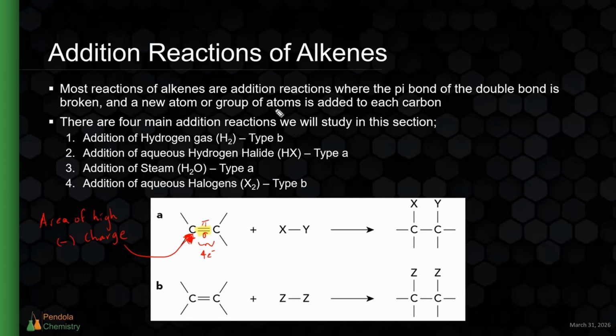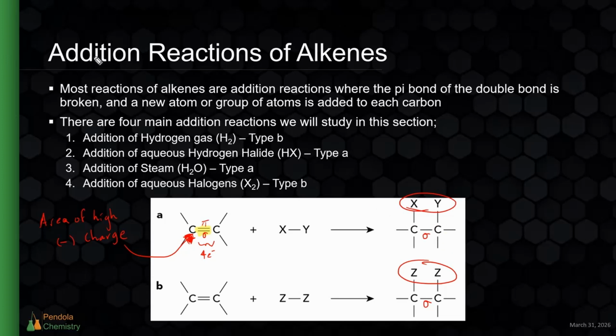So what happens during an addition reaction? During most addition reactions, the pi bond in the double bond is going to be broken, and 2 new atoms are going to be added where the pi bond breaks. The sigma bond will still be there in the products, but the pi bond is broken, and we'll get the addition of 2 new bonds, one to each carbon.